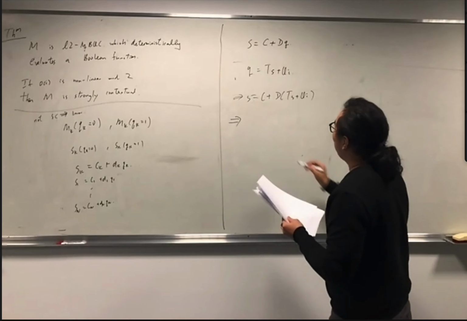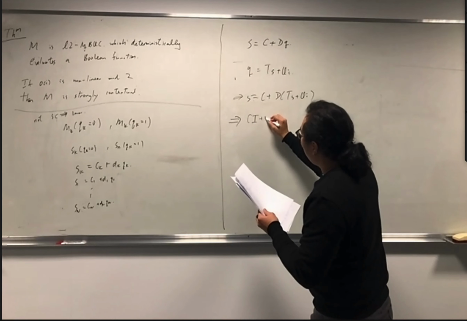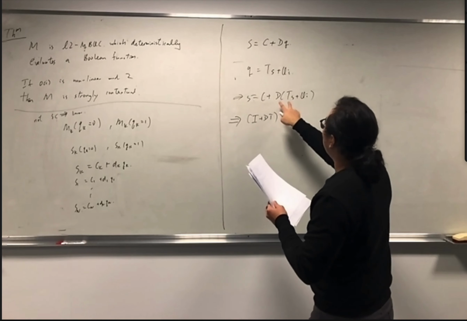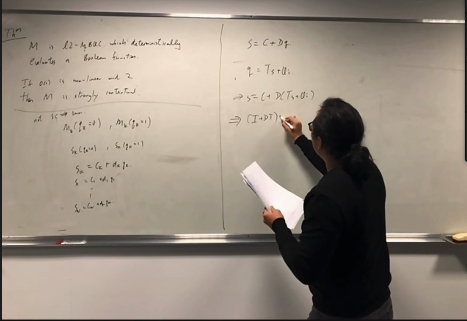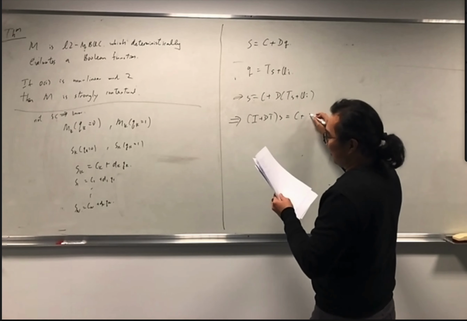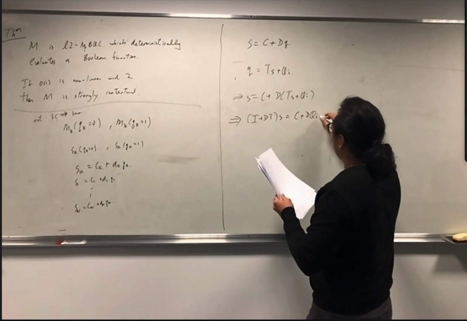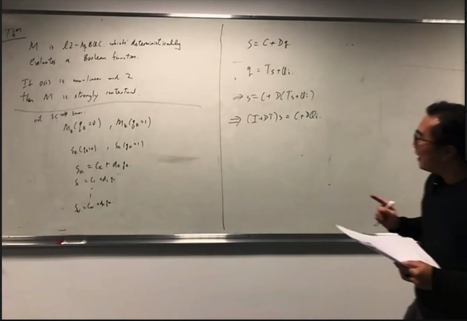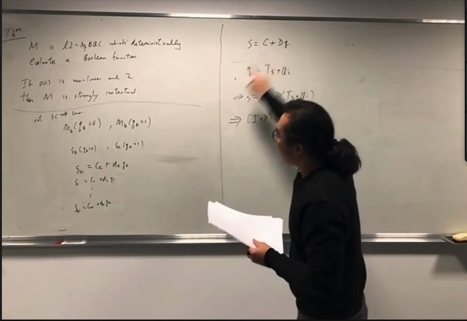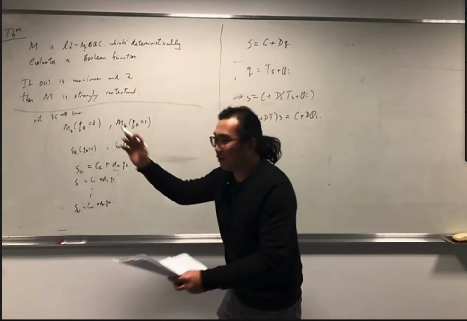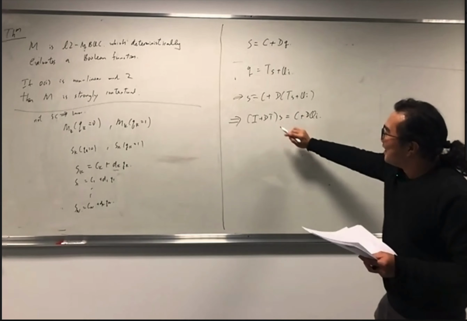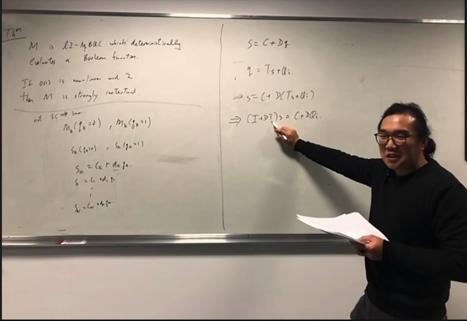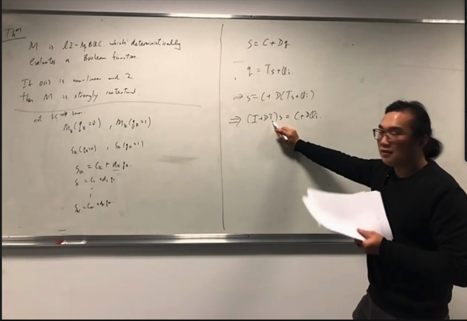Then what you get is I plus DT, put it on the other side, take the S out, equals C plus DQI. First, this D will be a diagonal matrix, because this is a constant. This T is a lower triangular matrix with 0 on the diagonals.